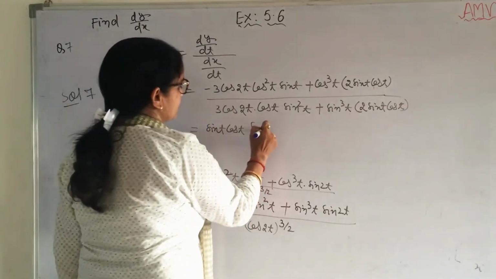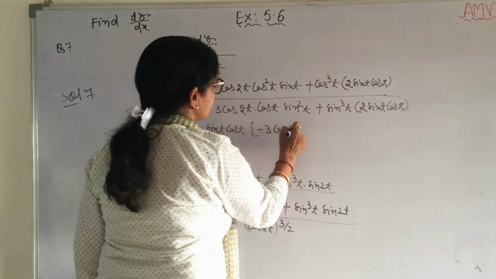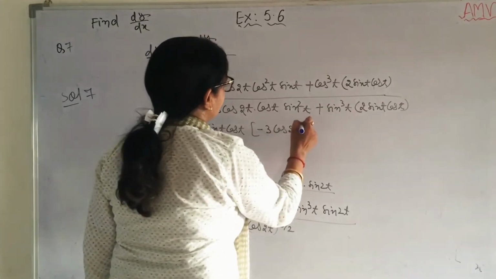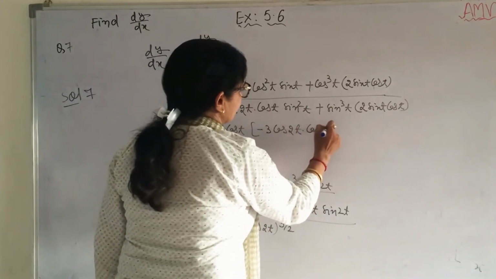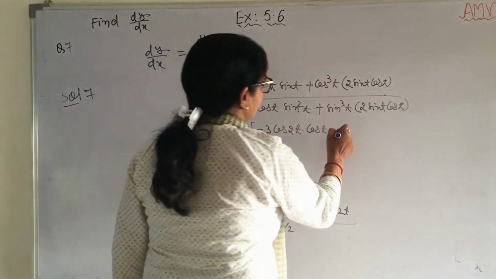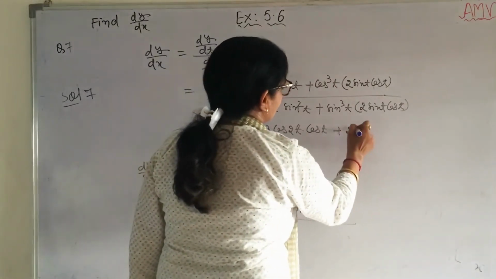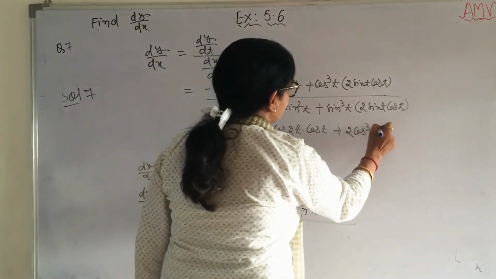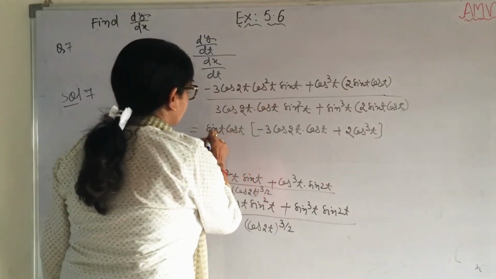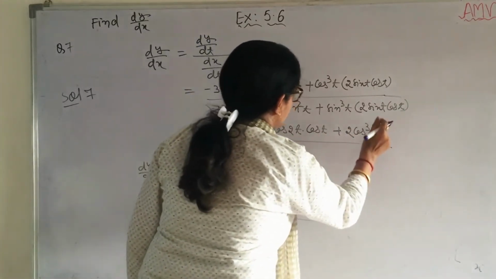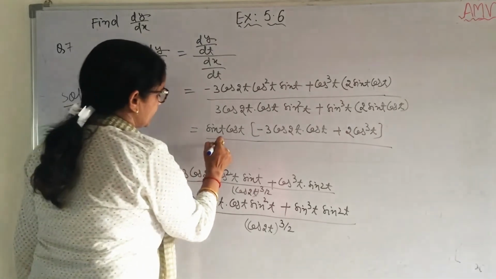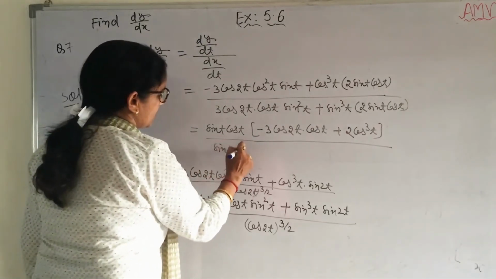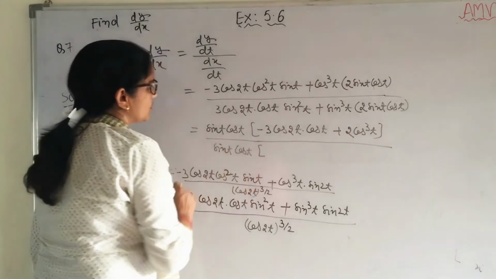From here it is minus 3 cos 2t into cos t, and here plus 2 cos cube t. Okay, and same as in the denominator, sin t cos t take common.